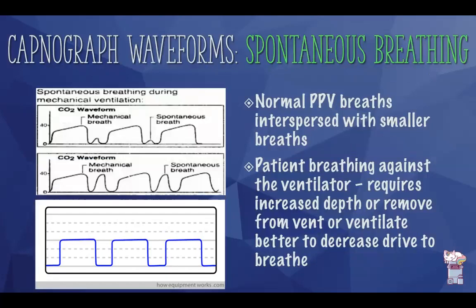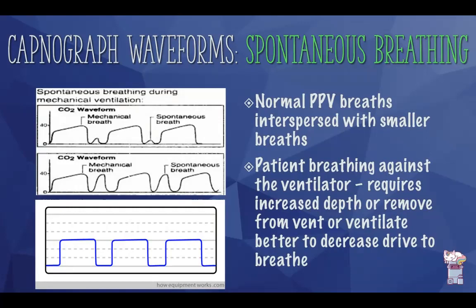Here we see mechanical ventilation interspersed with spontaneous breaths. This is the patient breathing against the ventilator. Either the patient is too light to be mechanically ventilated and requires an increase in anesthetic depth, or is being driven to breathe due to hypercapnia or hypoxia.